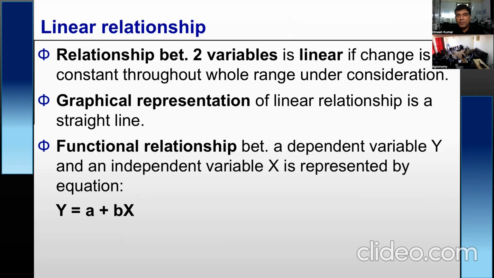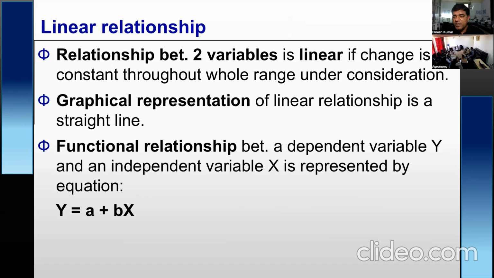Okay. So now we start linear relationship. A relationship between two variables is linear if the change is constant throughout the whole range under consideration. Means you have two variables, one is X, suppose fertilizer. If you increase the doses of fertilizer, every dose increase will result in the same increase in the yield, same or constant or similar return with each additional unit of fertilizer or input.